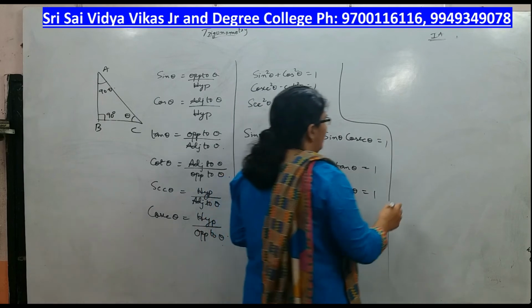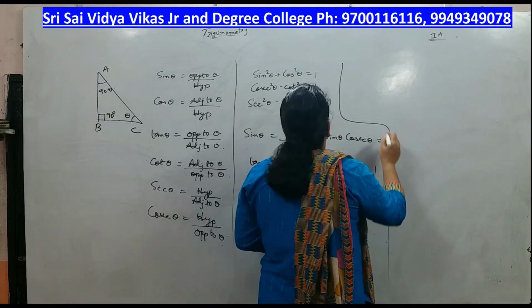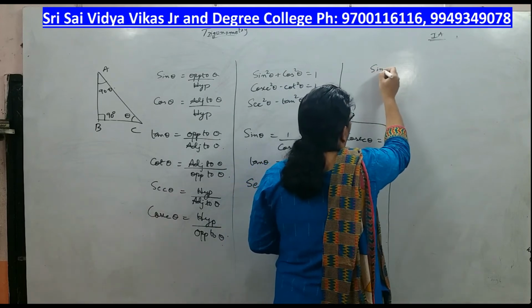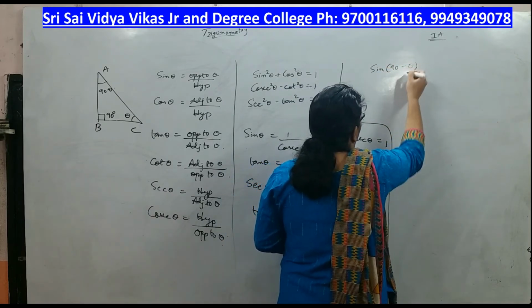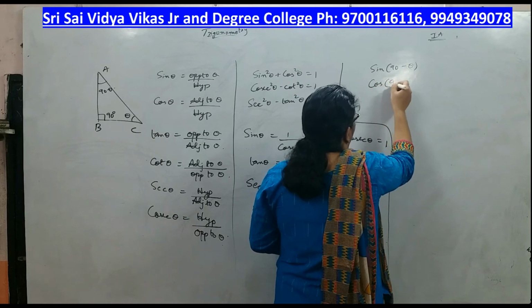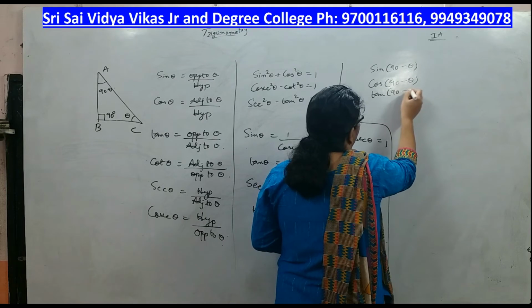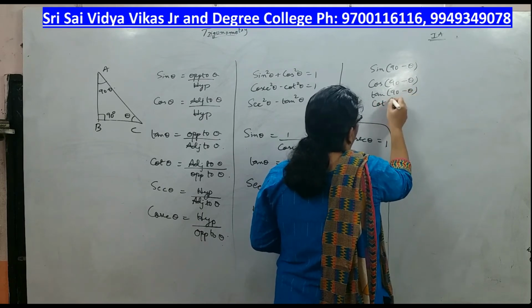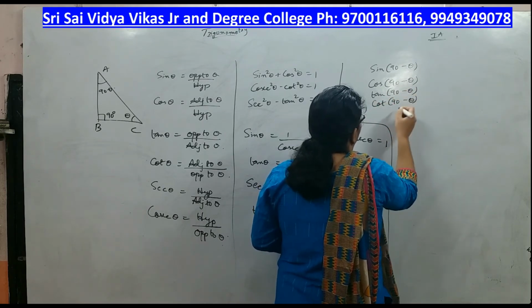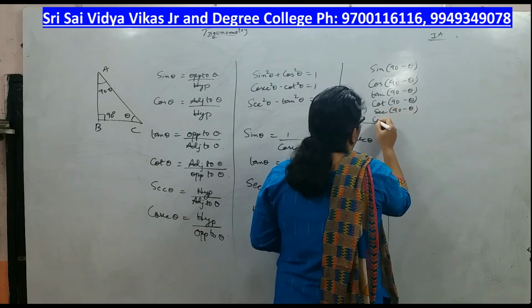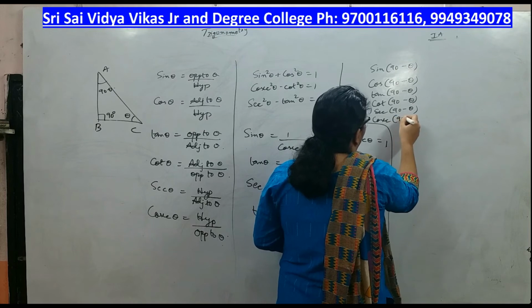Then sin of 90 minus theta, cos of 90 minus theta, tan of 90 minus theta, cot of 90 minus theta, secant of 90 minus theta, cosecant of 90 minus theta.